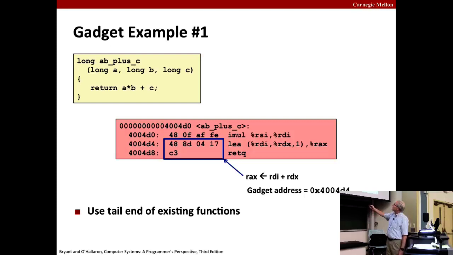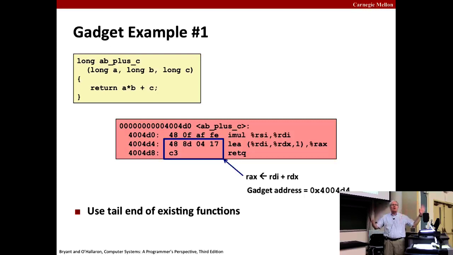And if I look at just the last two instructions from there, one of them is a LEA, which is performing addition, and the other is doing a return. So I can think of this little 5-byte chunk as a way, if I could get some data in registers RDI and RDX, then I could compute their sum and stick it in RAX.